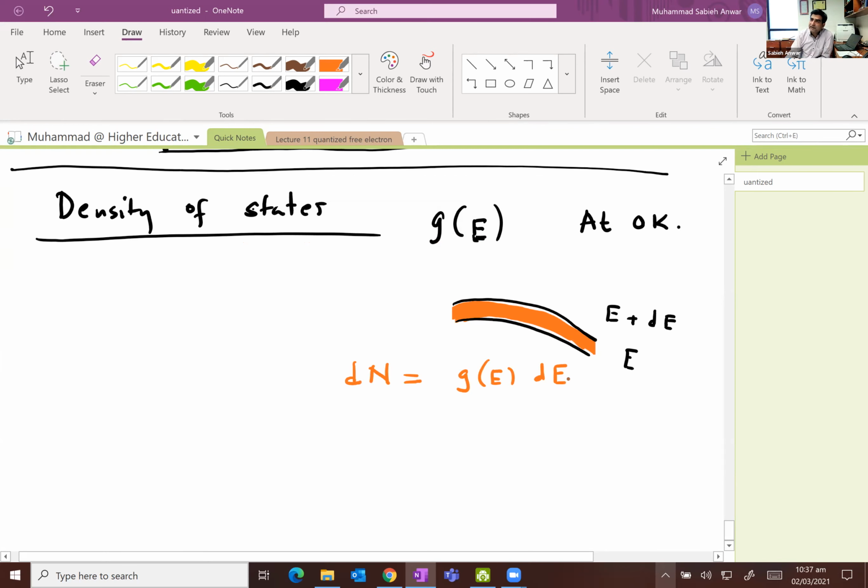So the density of states is the number of states per unit energy. G(E) is the number of states per unit energy.